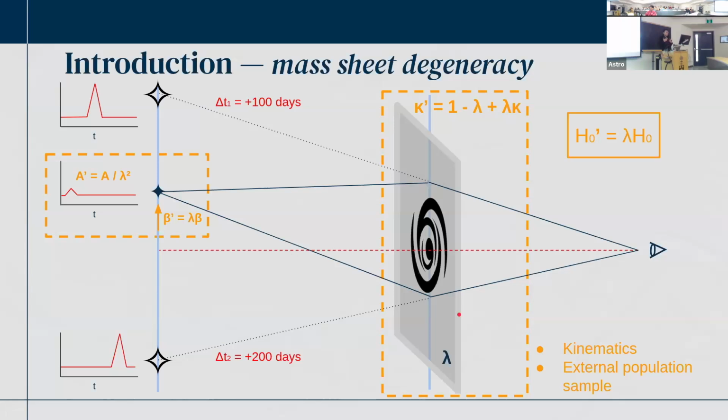We can do this by getting kinematic data, or better yet, IFU data, as well as using external population samples of elliptical galaxies to constrain this mass sheet at a population level. Additionally, we can look at the source plane. When I was playing around with these parameters, I had to demagnify, or de-amplify, the transient. If we can actually fix the amplitude of this transient, this also breaks the mass sheet degeneracy. This is easily done with a standard candle such as the type Ia supernova.